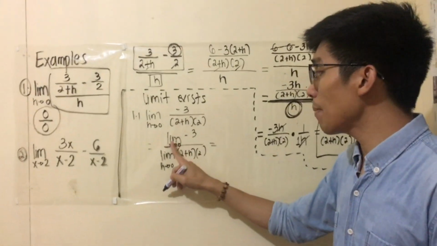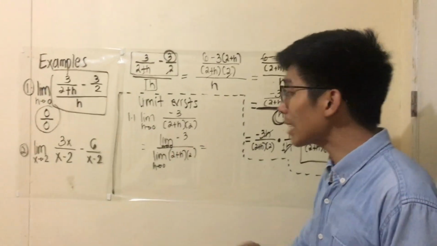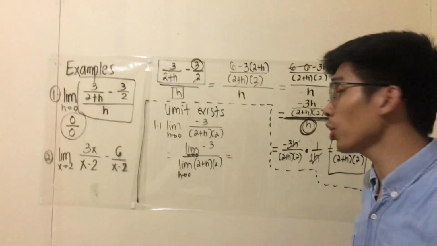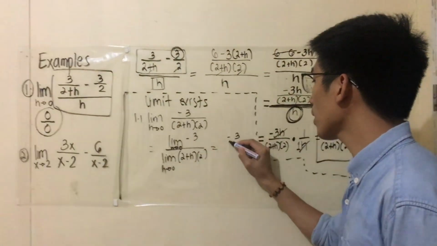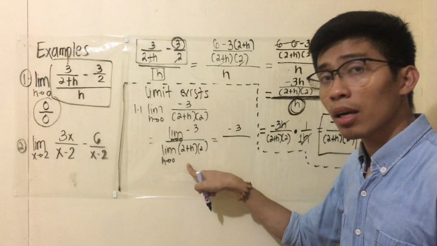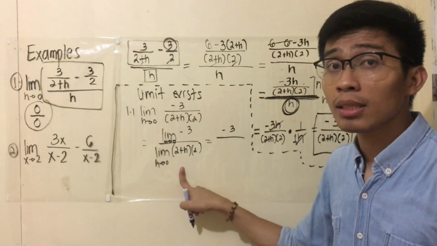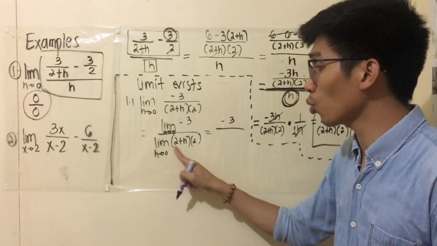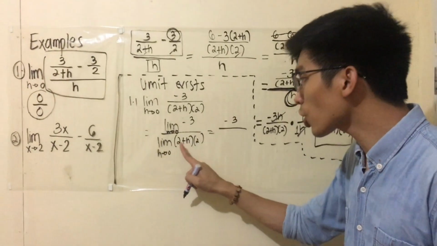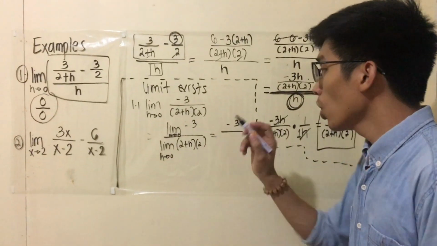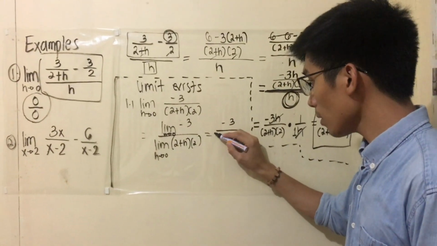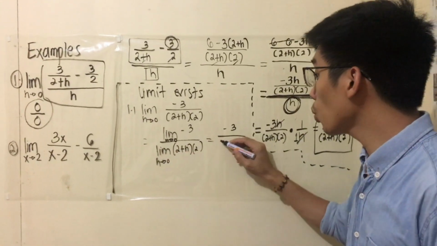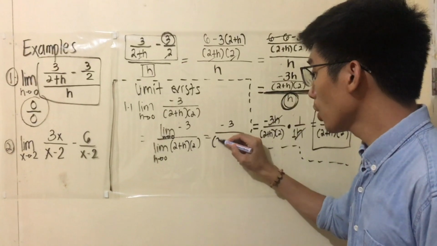For our numerator, the limit of negative 3 is a constant rule, meaning the limit of a constant is the constant itself, that is negative 3. In our denominator, we can use a lot of rules. First is the summation rule, distributing the limit to 2 and to h.